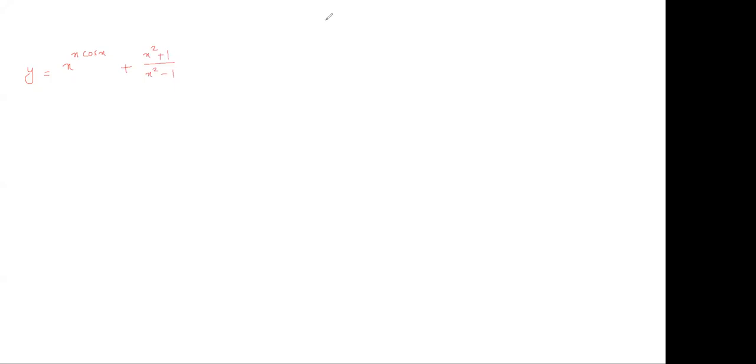So we just call this function as y is equal to u plus v. So this is your u, this function is your v. So from here you will get y dash, derivative dy by dx is equal to u dash plus v dash, or du by dx plus dv by dx. Now you have to find it separately.